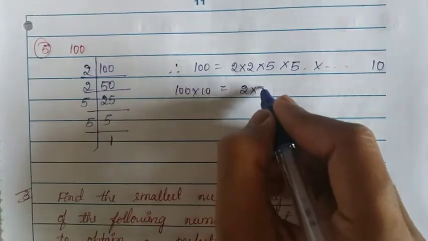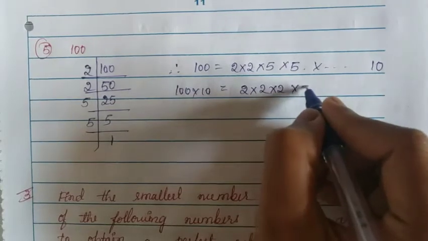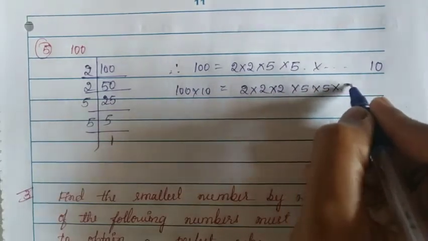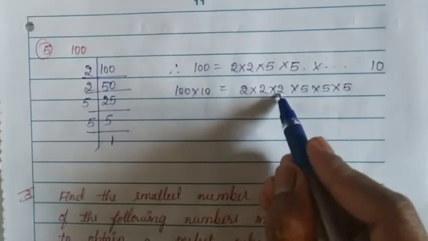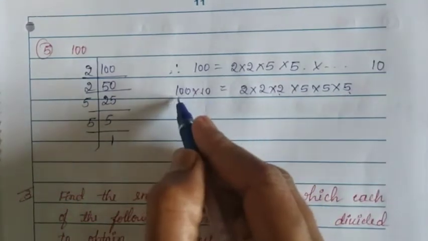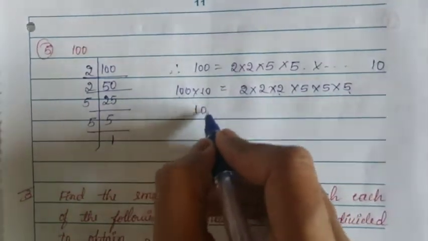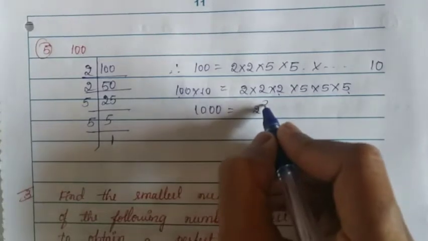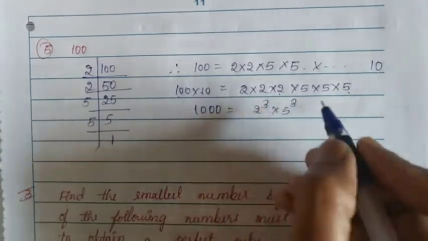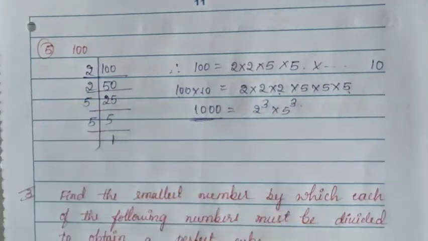Here, 2 into 2 into 2 and 5 into 5 into 5. 10 is 2 into 5. Now observe, 100 tens are 1000, which is equal to 2 cube into 5 cube.